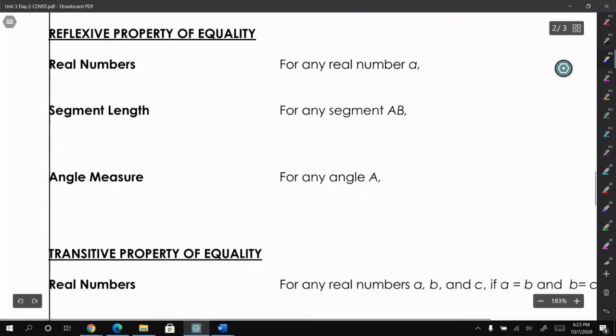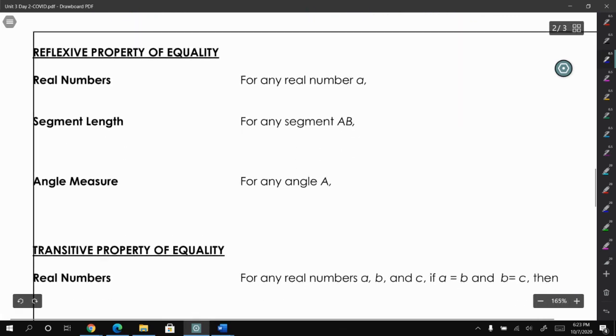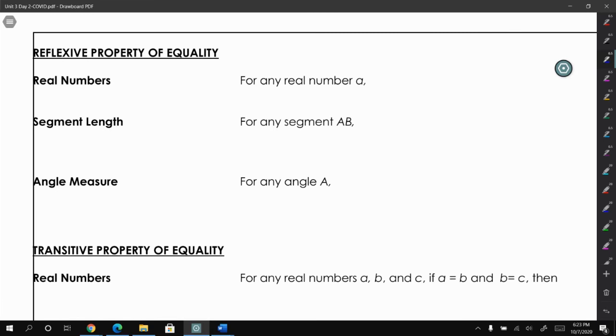All right, so we have a couple more definitions to talk about. The reflexive property of equality just means that something is equal to itself. Think about a reflection. When you see your reflection in the mirror, you are seeing you. So for any number, we have the reflexive property.